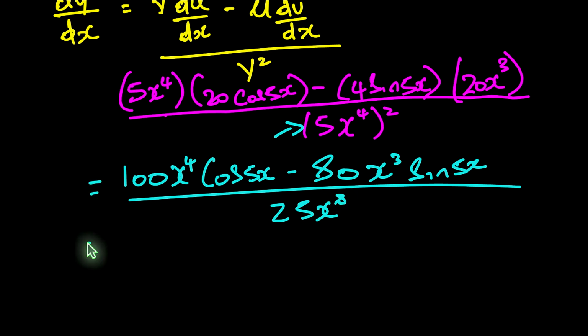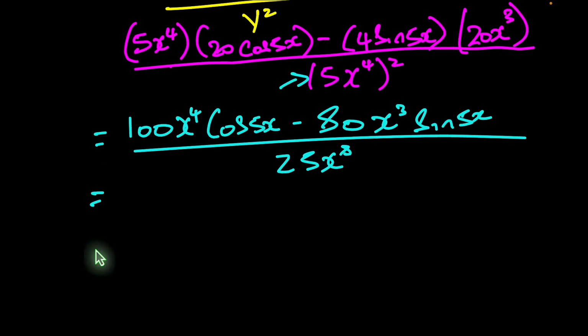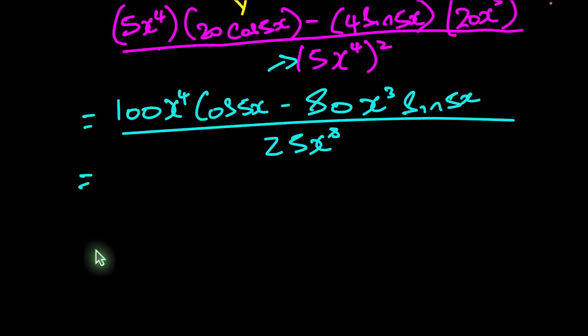Now we can perhaps take this a step further and factorize and simplify a little bit more. When I say factorize, we are looking at the highest factor of these two terms. For the 100 and the 80, the highest value that can go into both of them is 20. And the highest factor of x cubed and x to the power of 4 is x cubed.